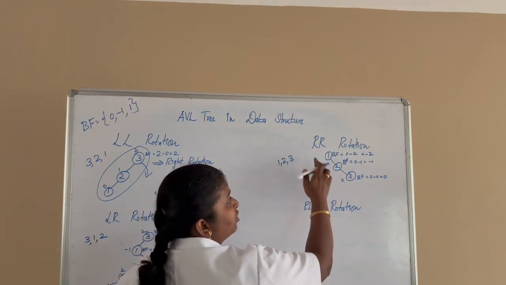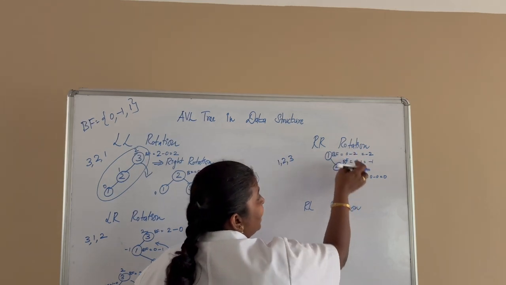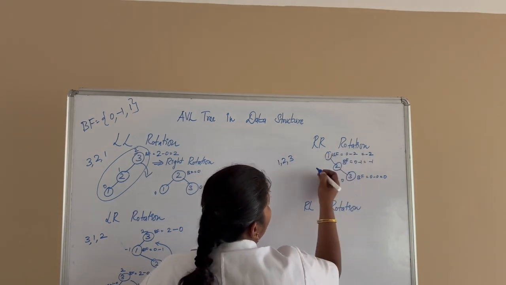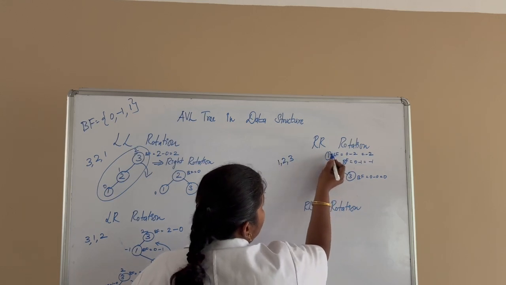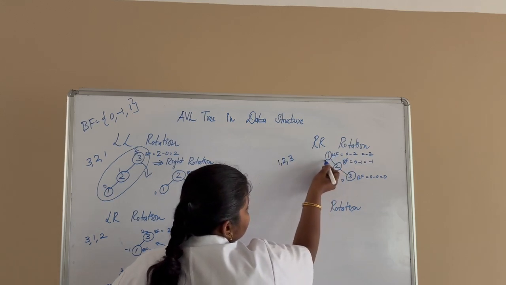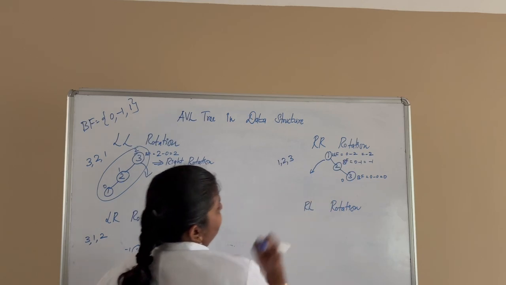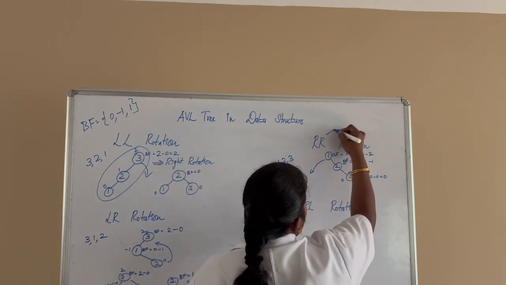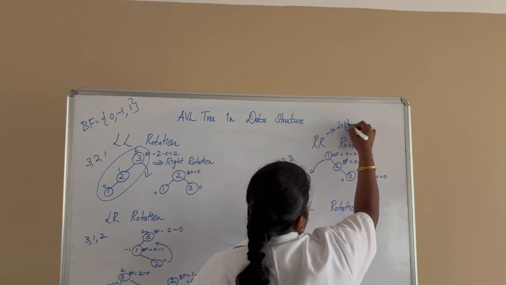So we need to perform the RR rotation to make this tree balanced, right? In order to perform RR rotation, we have to perform the left rotation. That is, the tree will be rotated like this. RR rotation means left rotation.